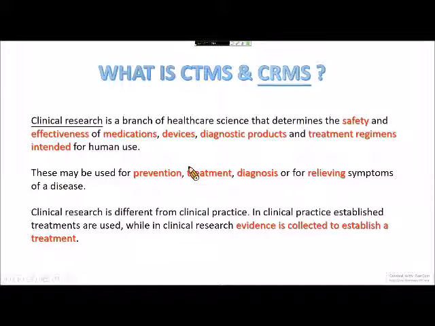What is CRMS? Clinical research is a branch of healthcare science that determines the safety and effectiveness of medication, devices, diagnostics, products, and treatment regimens intended for human use.